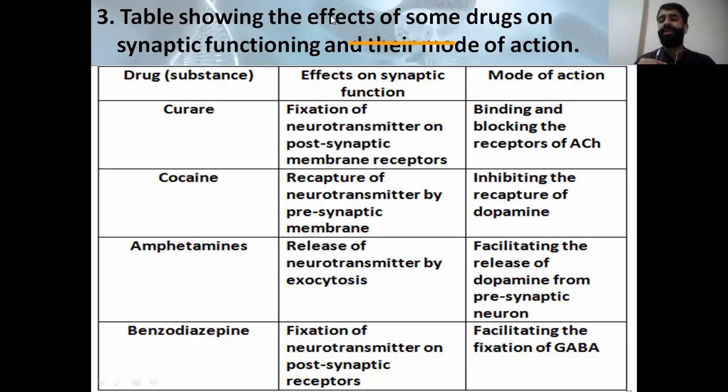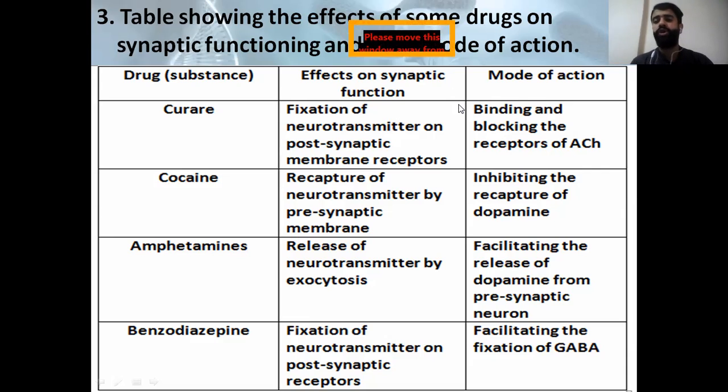So whenever you take cocaine, it blocks the recapture of dopamine. What does blocking the dopamine recapture do? It leads to a prolonged effect of dopamine, so a higher feeling of pleasure, happiness, and so on.